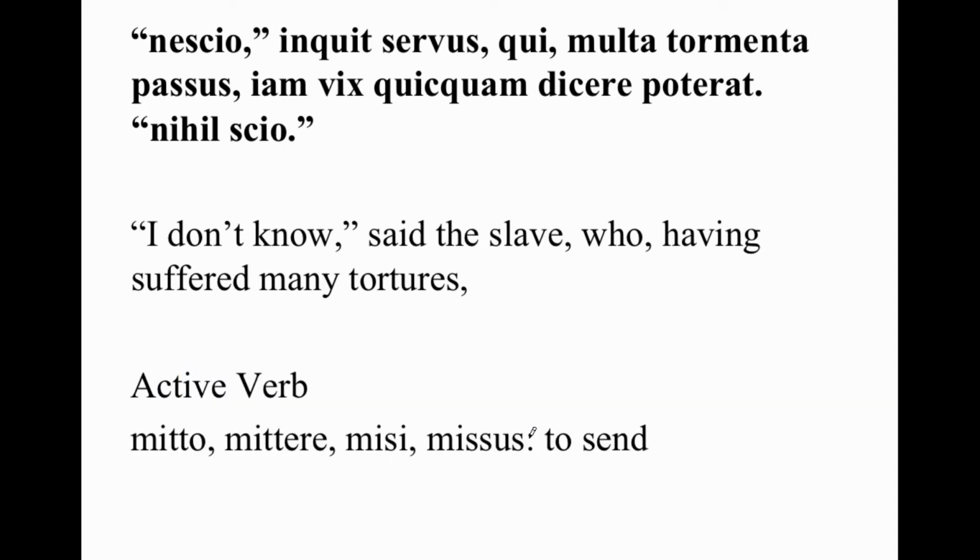An active verb. How do you know an active verb? Take a look at this. Instead of three forms, 1, 2, 3, there are 4 forms before the dictionary entry. And also, look at this. There's not an OR, there's just an O. So again, deponent: OR, 3 forms.